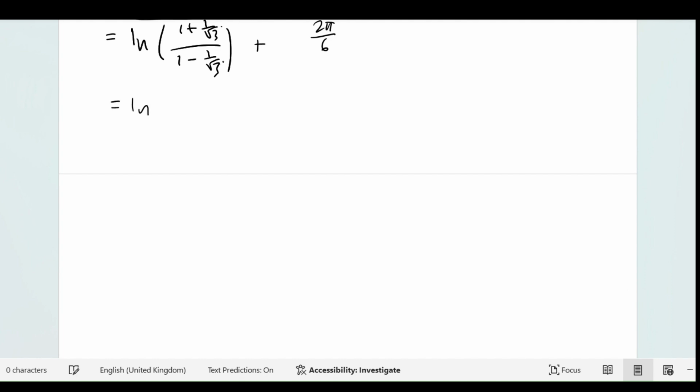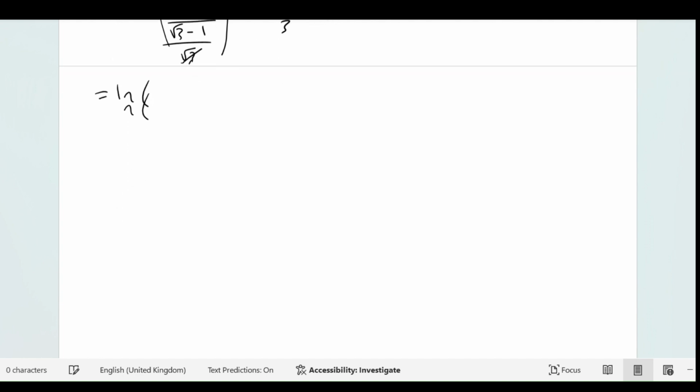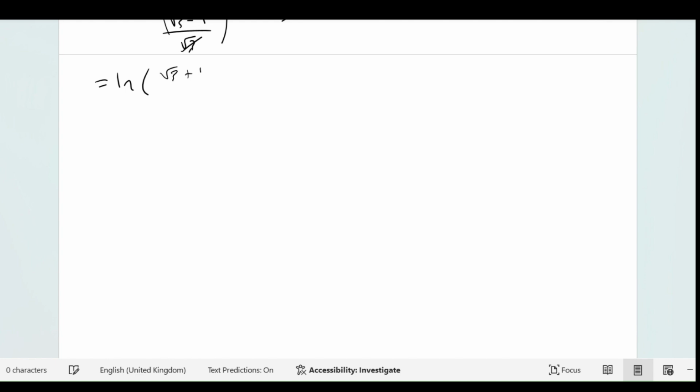So this gives me ln of (root 3 plus 1) over root 3, all over (root 3 minus 1) over root 3, plus pi over 3. And these root 3's will cancel, so we get ln of (root 3 plus 1) over (root 3 minus 1) plus pi over 3.